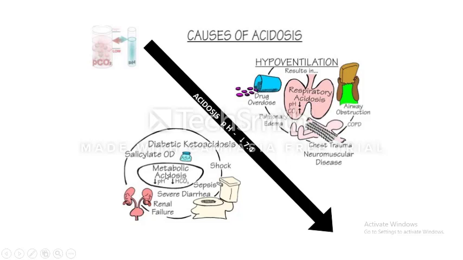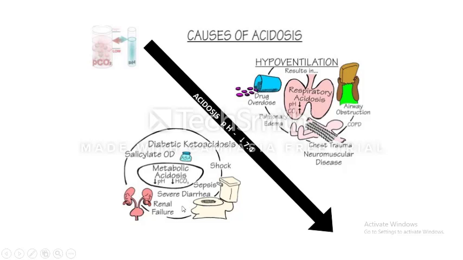And what are the causes of metabolic acidosis, where the pH is low and bicarbonate ion concentration is also low? Diabetic ketoacidosis is one of the reasons. Shock can be the reason. Sepsis can be the reason.